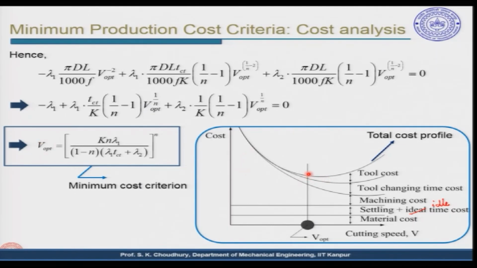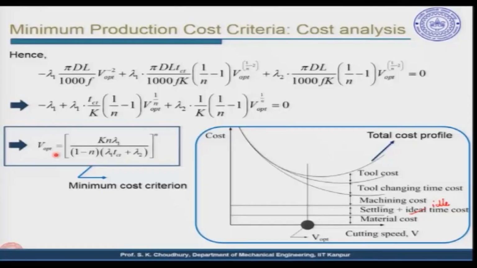Mind one thing, that here we are taking care of only the velocity as a component. Similarly, we can also find out the optimum value of the feed and the optimum value of the depth of cut at which the cost will be minimum. In that case, as you understand, the first derivative has to be taken with respect to feed or with respect to depth of cut and equated to 0.